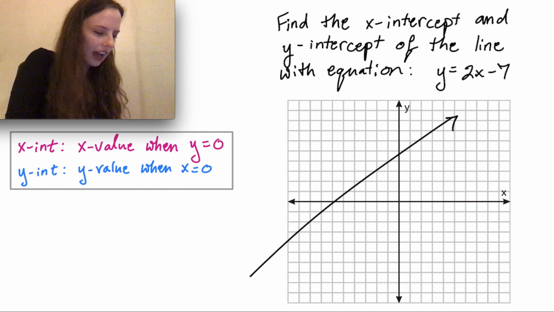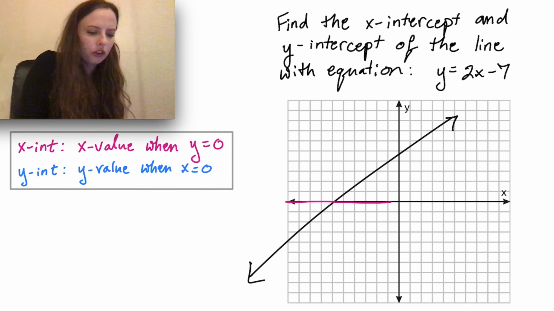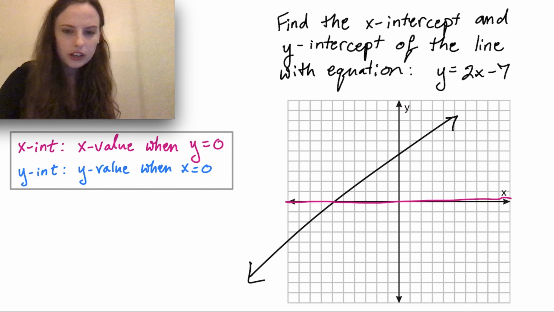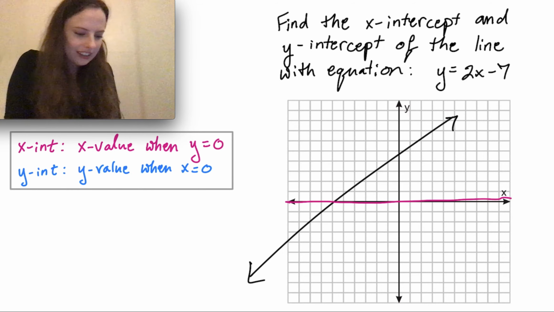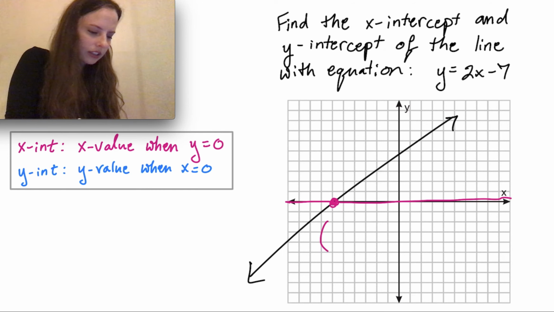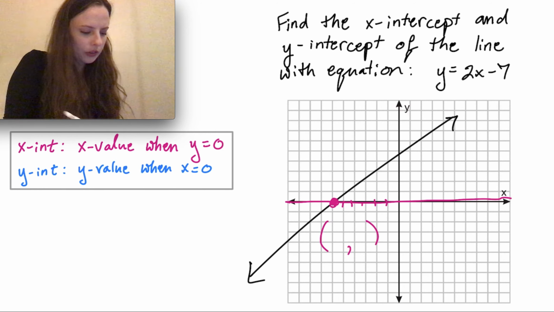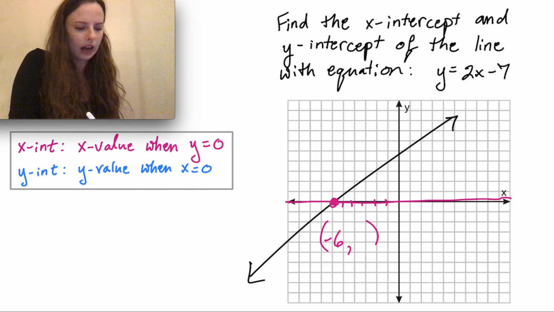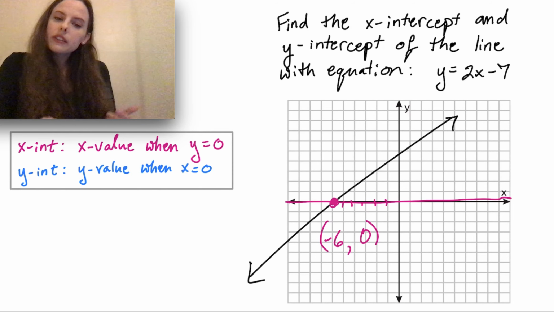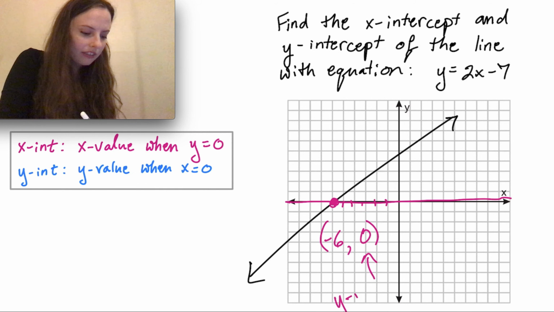Our x-intercept would be the point that crosses over the x-axis. So where does this line cross the x-axis? Well, roughly right here. If I were to write down the coordinates of this point, we're going left 1, 2, 3, 4, 5, 6. So that would be -6, 0. You see how in the y-spot, our y value is 0.